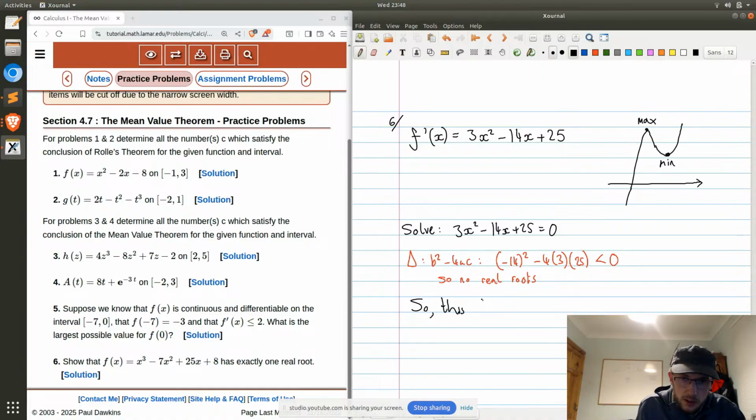So this function, this cubic rather, I shall point that out. No, not just increasing, strictly increasing.